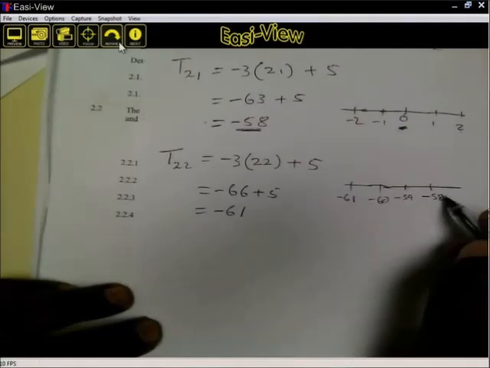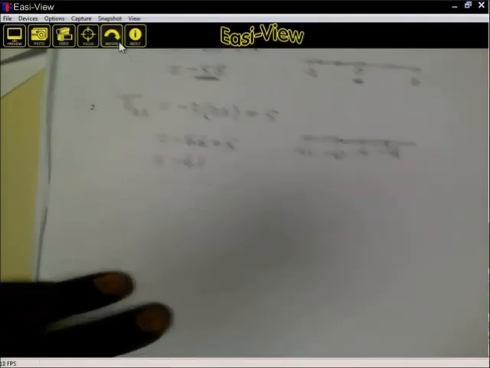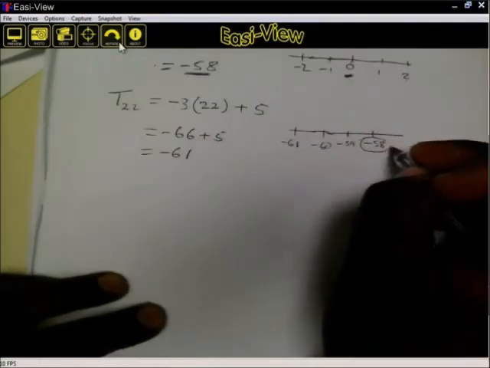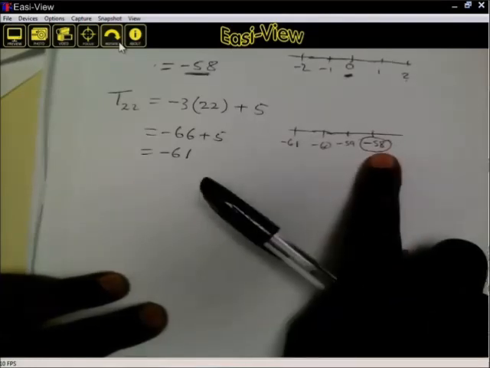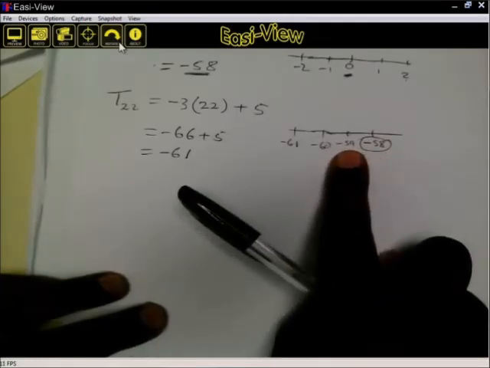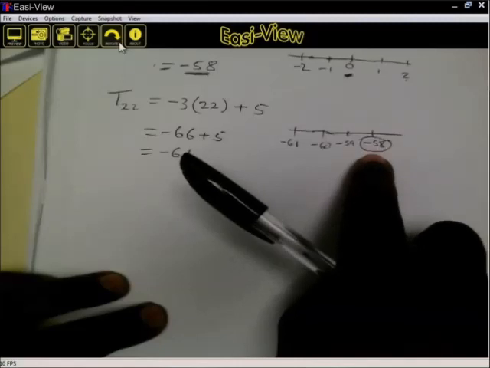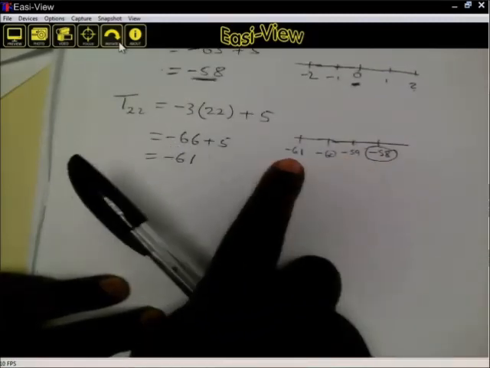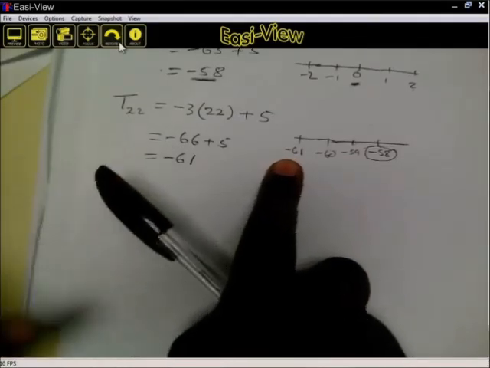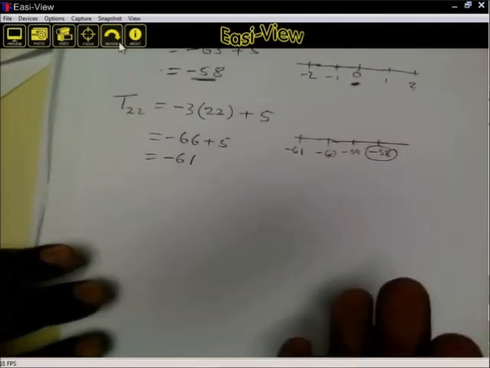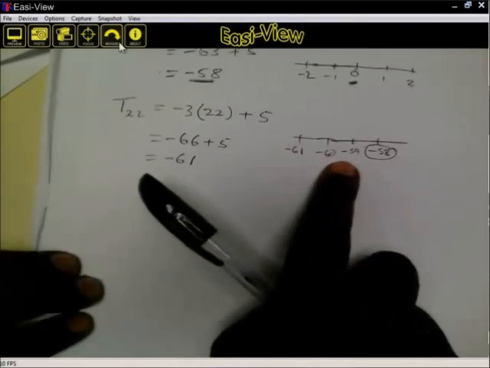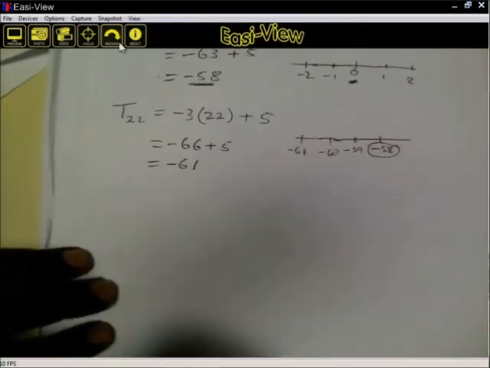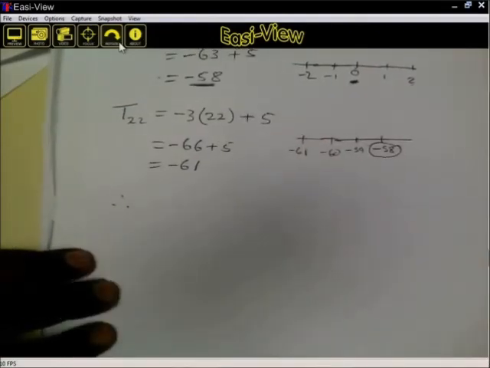So when you look at negative 58 here, negative 58 is on the right of negative 59. So it means negative 58 is bigger than negative 59. And therefore, negative 61 in this case will be the first number to be less than negative 59 in this sequence here.